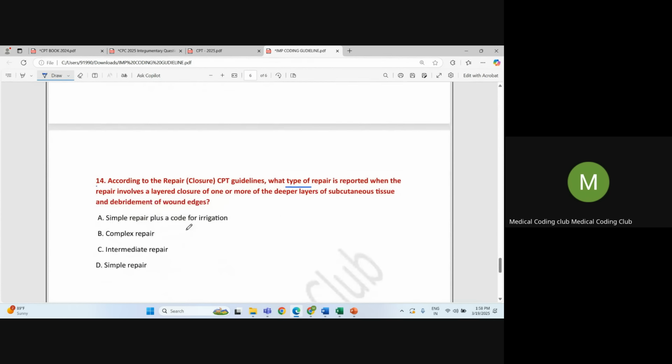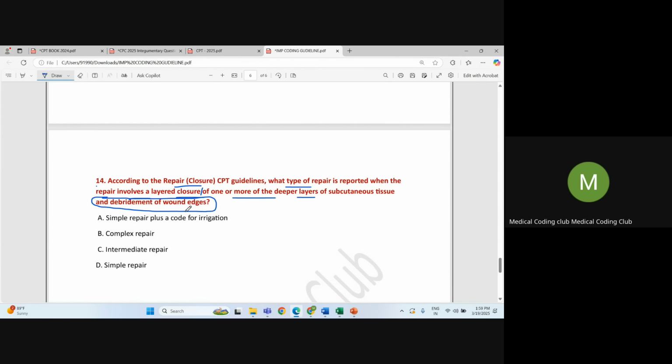Next, according to repair, that is closure procedure, which type of repair is reported when repair involves layered closure of one or more of the deeper layers of subcutaneous tissue and debridement of wound edges? If only layered closure is documented, you will code it as an intermediate repair.